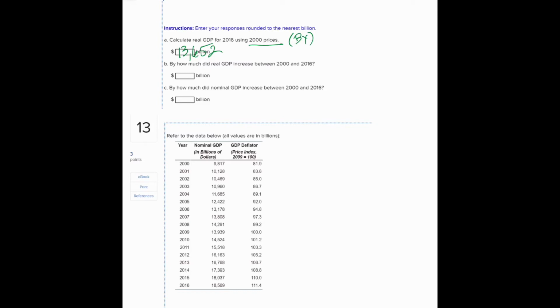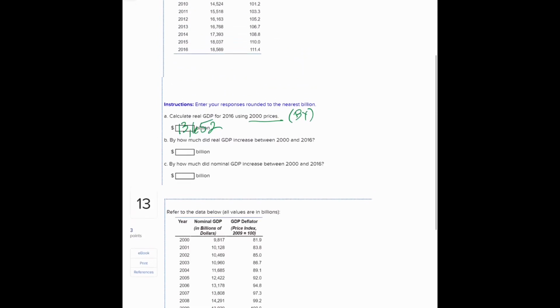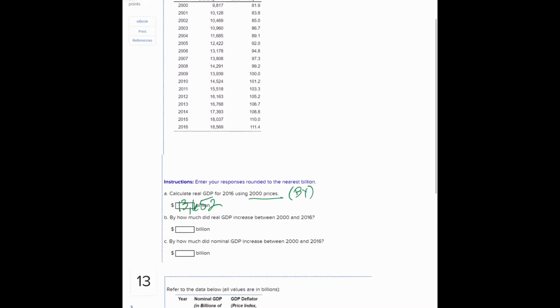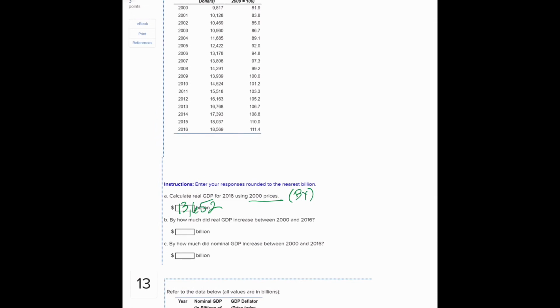And the question here is, how much did it increase between the years 2000 and 2016? Since we used 2000 as our base year for our previous calculation, we can assume this very basic fact that nominal equals real in the base year, because that's what we're basing all of our future calculations on. So our nominal GDP is our real GDP for 2000. We just calculated it for 2016. So we're just going to find the difference between the two.